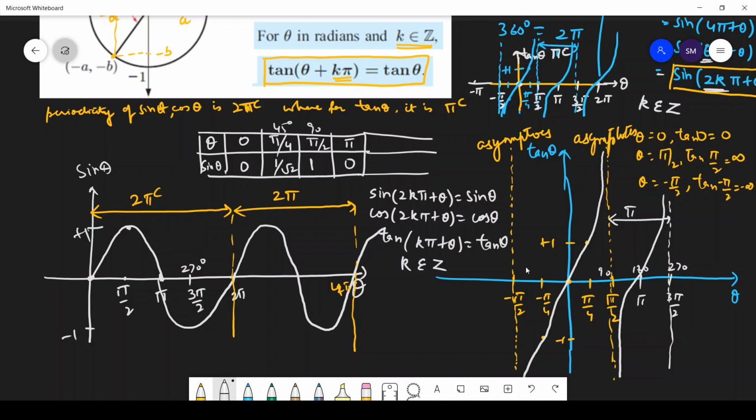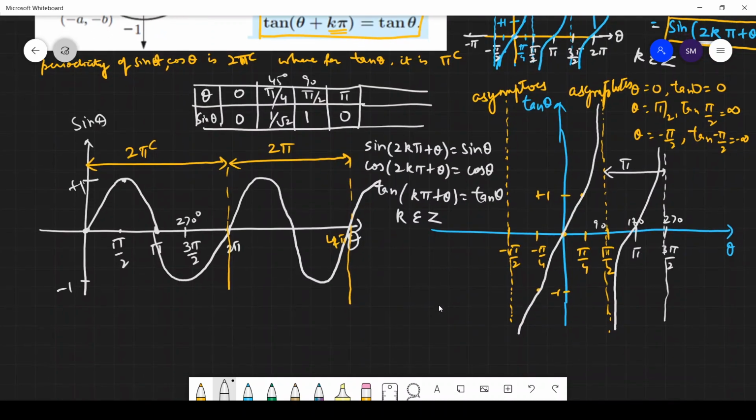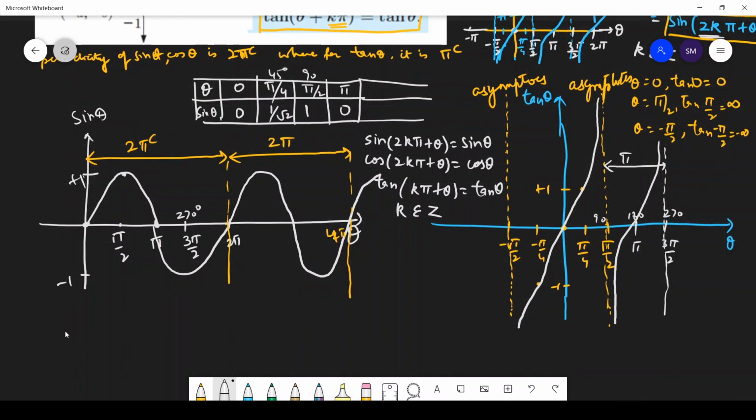Is this clear, students? Yes, sir. So the infinity point is known as an asymptote. No, not the infinity point. Asymptotes are vertical and horizontal lines.